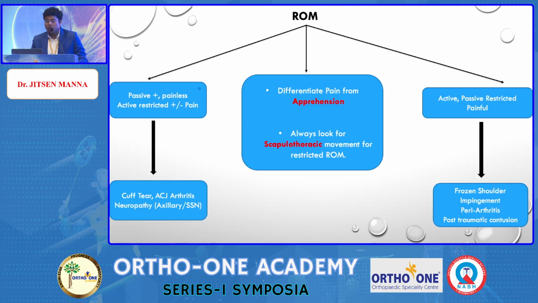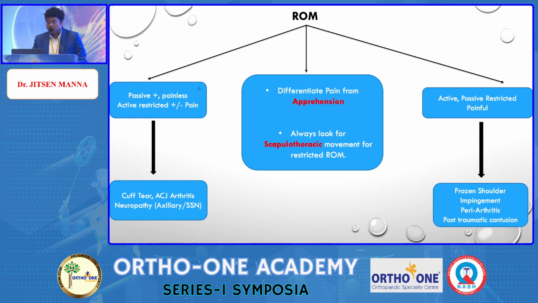If we focus on this flowchart, if the patient has both active and passive restricted motion, then there is a high chance of a frozen shoulder. If the passive motion is good, but the active motion is restricted and painful, it is more inclined to a cuff tear or AC joint arthritis.